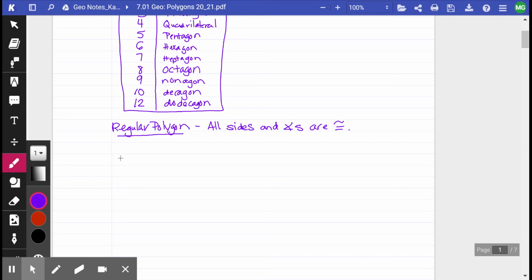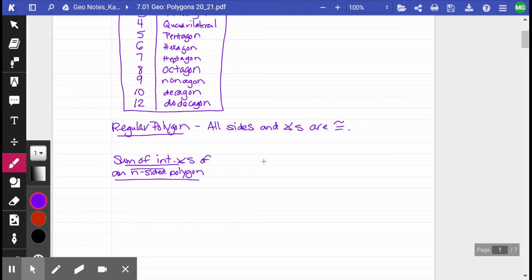So a very, very important formula is the sum of the interior angles of an n-sided polygon. Okay, so this is the sum of the interior angles.